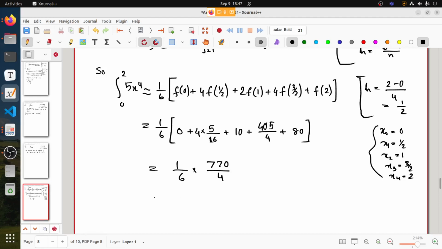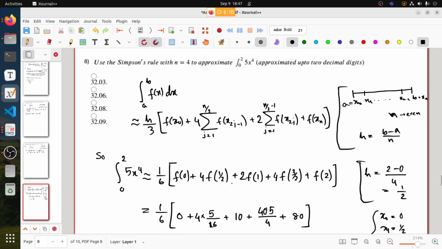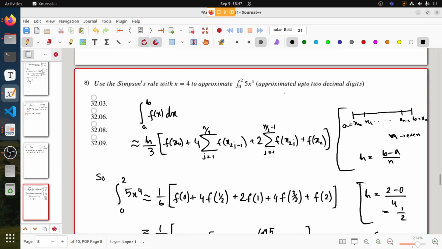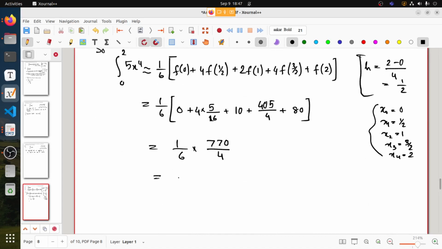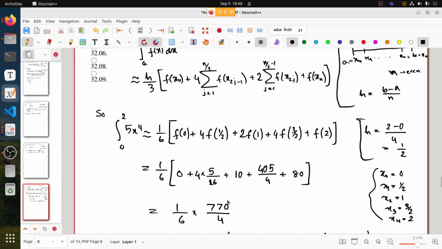Now if you approximate it up to 2 decimal digits, you will get 32.08. So we get this integral is approximately equal to 32.08.